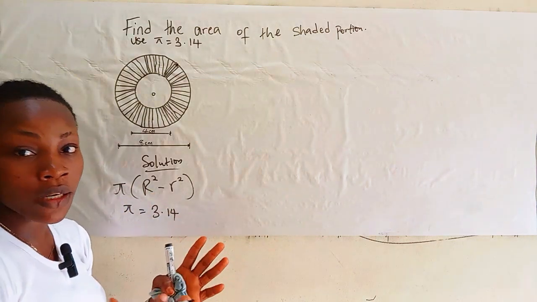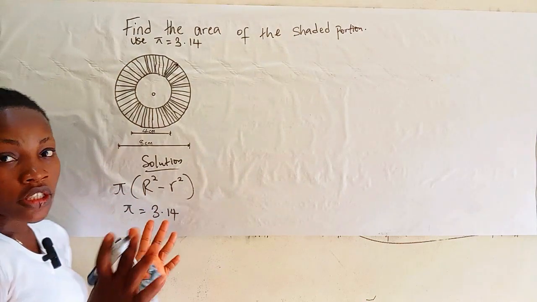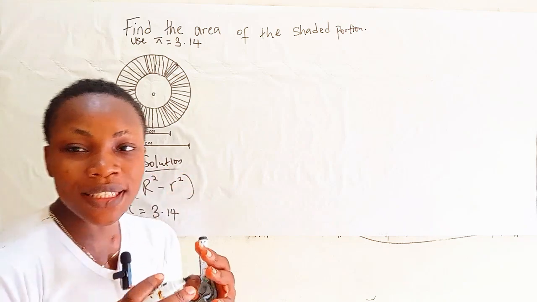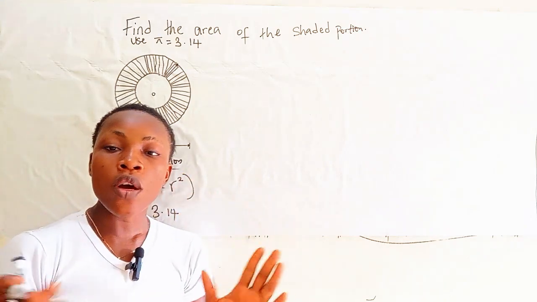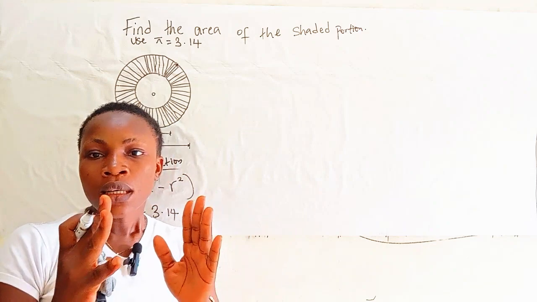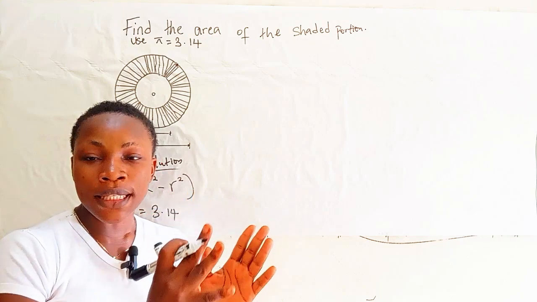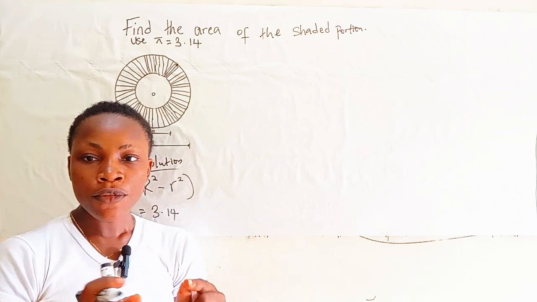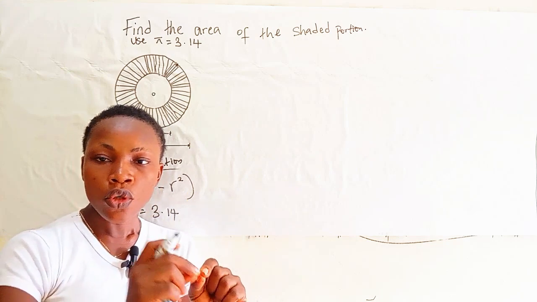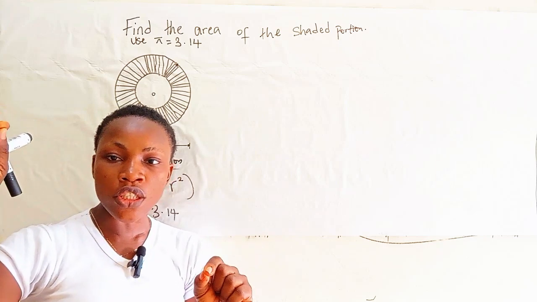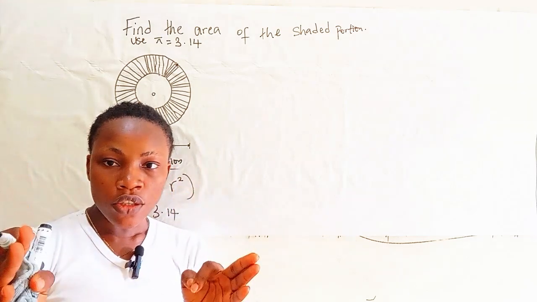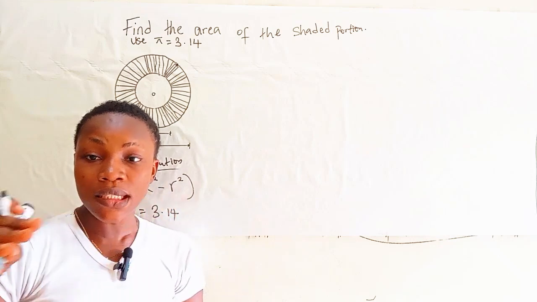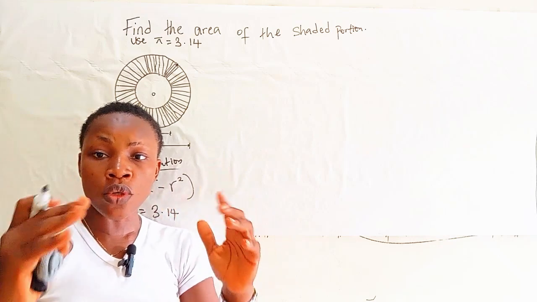Our bigger circle, the radius is unknown, so we are not given the radius, but we are given the diameter. And we all know that half of diameter is our radius. All right, any line from the center of the circle to the circumference of the circle is called our radius, while our diameter is the line that divides our circle into two equal parts.